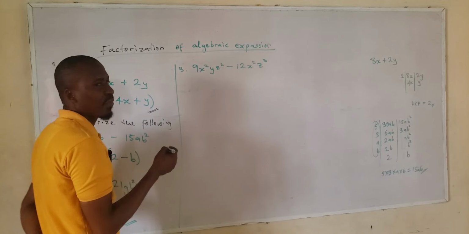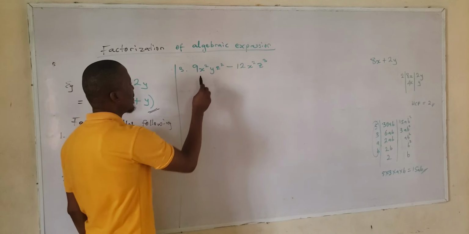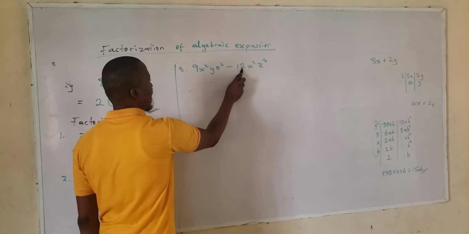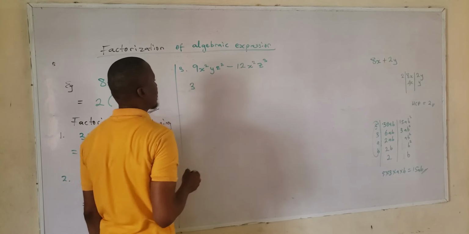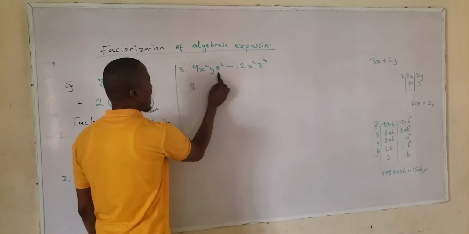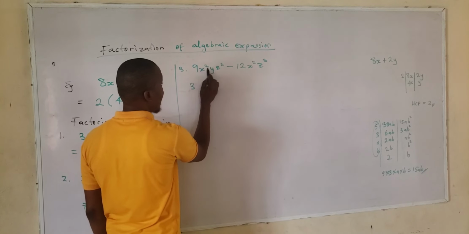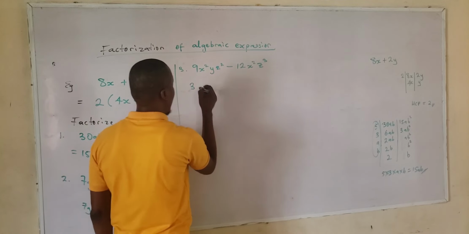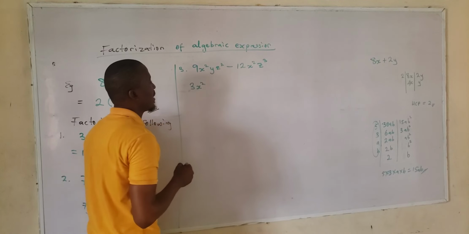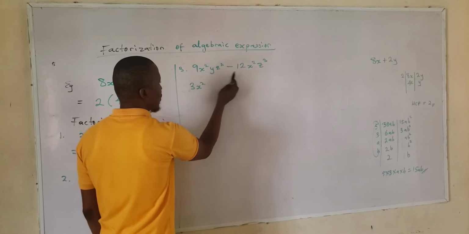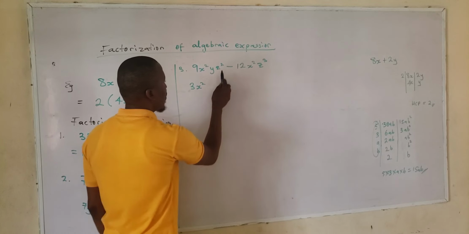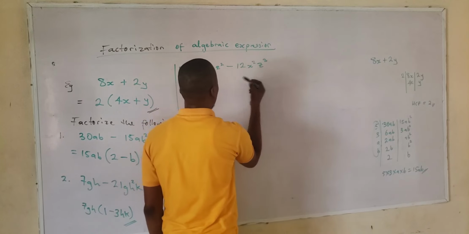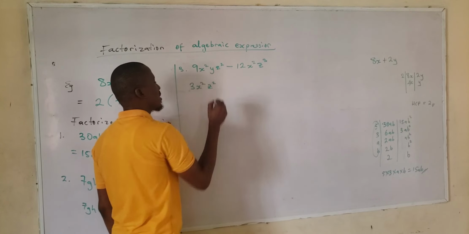We ask ourselves, what can we use to divide this that can also divide this? 3 can go here, 3 can go here, so 3 is common. S can divide this expression. In fact, S square, not just S, because there's S square here, there's S square here. So I have S square outside. We have only Y, so Y can divide both. We have Z square here and Z cube here, so Z square can divide both.